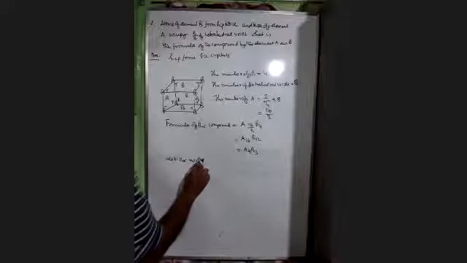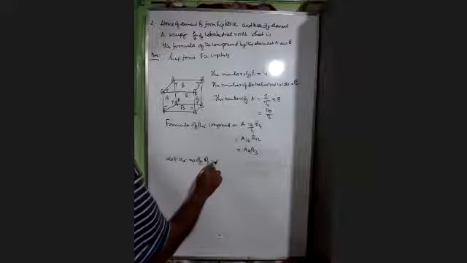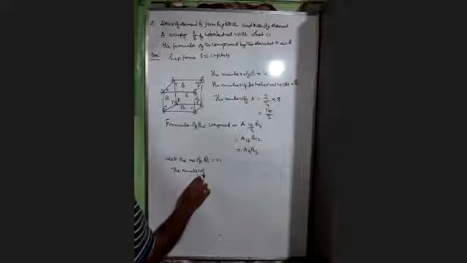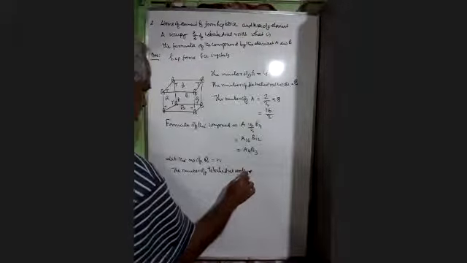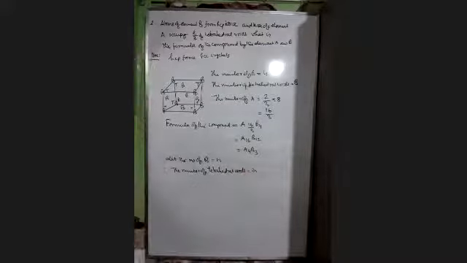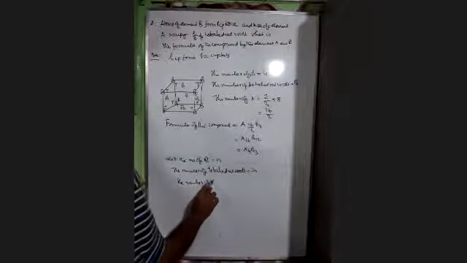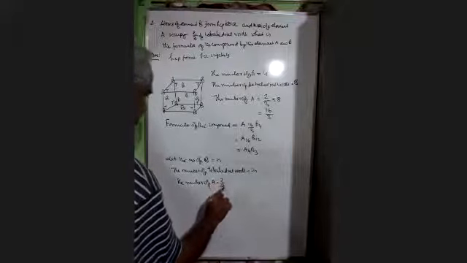Let the number of B be equal to n. Then what will we write? The number of tetrahedral voids is equal to 2n. The number of A is equal to 2/3 n.